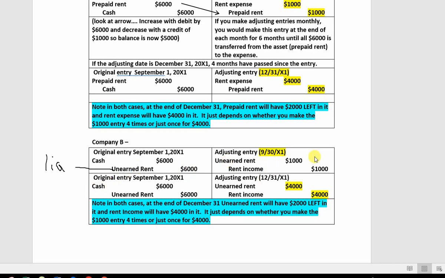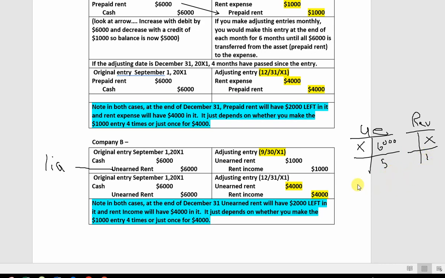Notice I put it in a liability with a credit. So here's my unearned, and here's my revenue. I put in 6,000 into unearned because it's a liability. I owe them money. And at the end of every month, I take 1,000 out of unearned and put $1,000 into revenue. So at the end of month 1, this has 5,000 left in it, and this has 1,000 in it.